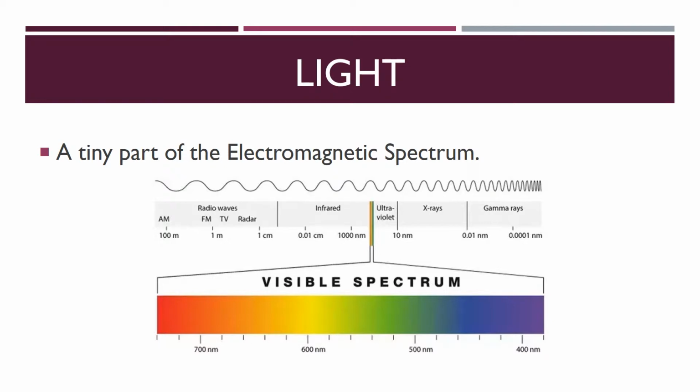And by increasing the frequency, we are also increasing the energy of the light. So as we go from left to right of the electromagnetic spectrum, the frequency increases, and the energy of the electromagnetic wave increases as well.